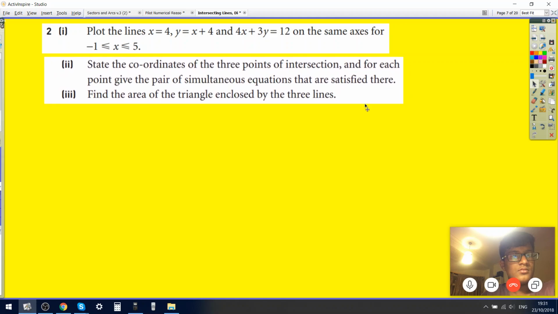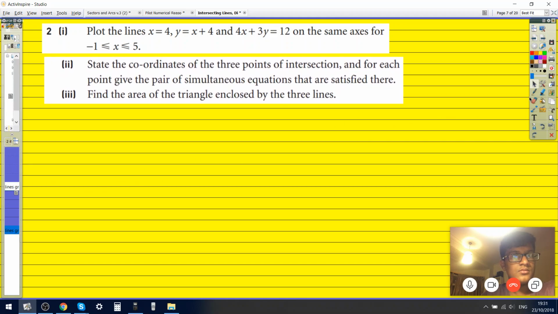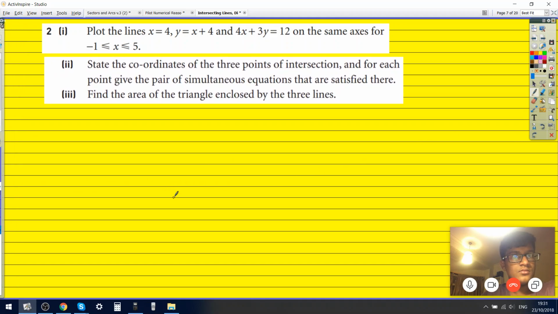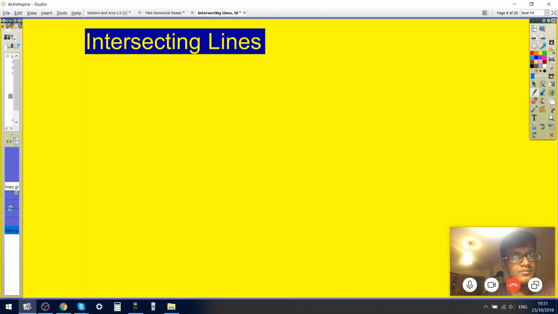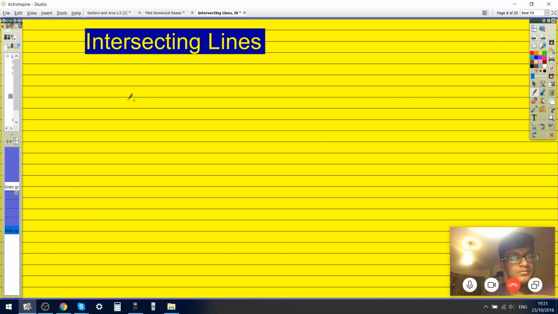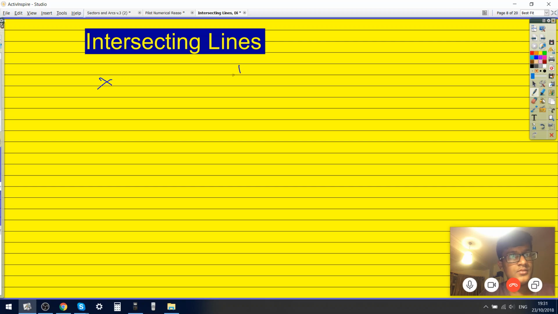Tell me if this is worth doing. I think I can probably do that in my own time. The only trick there is the area of the triangle. So intersecting lines, x a half, or tick. I think that's a tick.